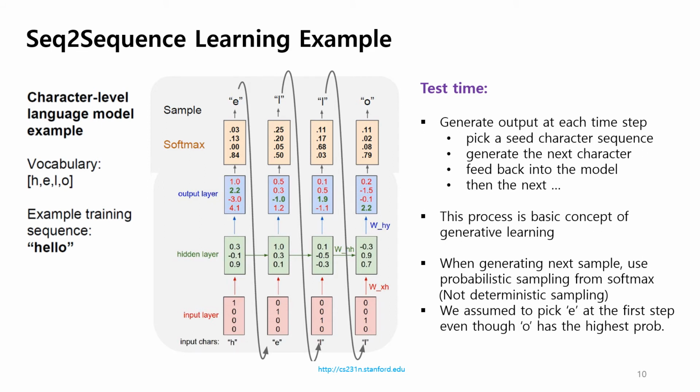Now it is time to actually generate the letters H-E-L-L-O. So you give H as a seed character, and this RNN must generate E-L-L-O. You give H as input, and this is the hidden layer.